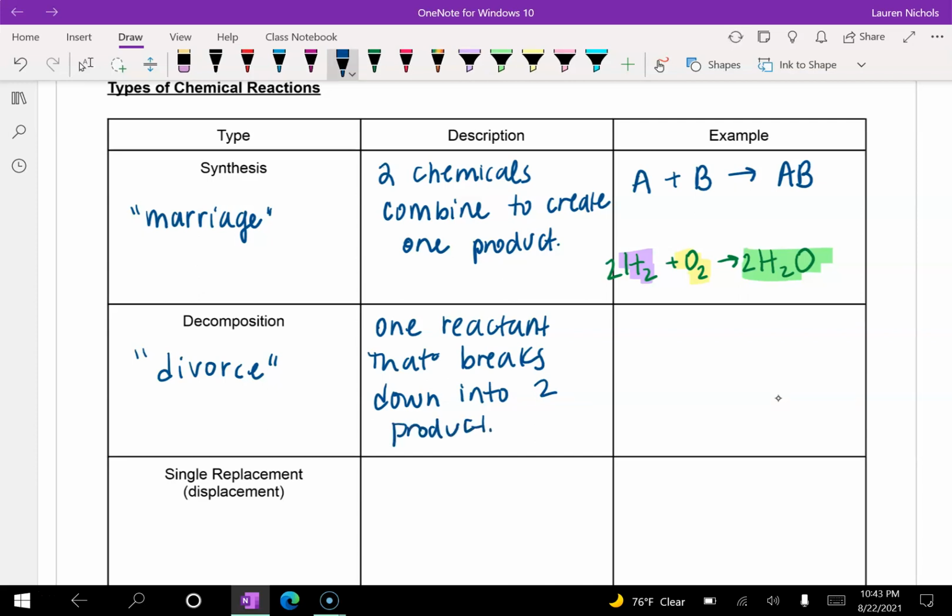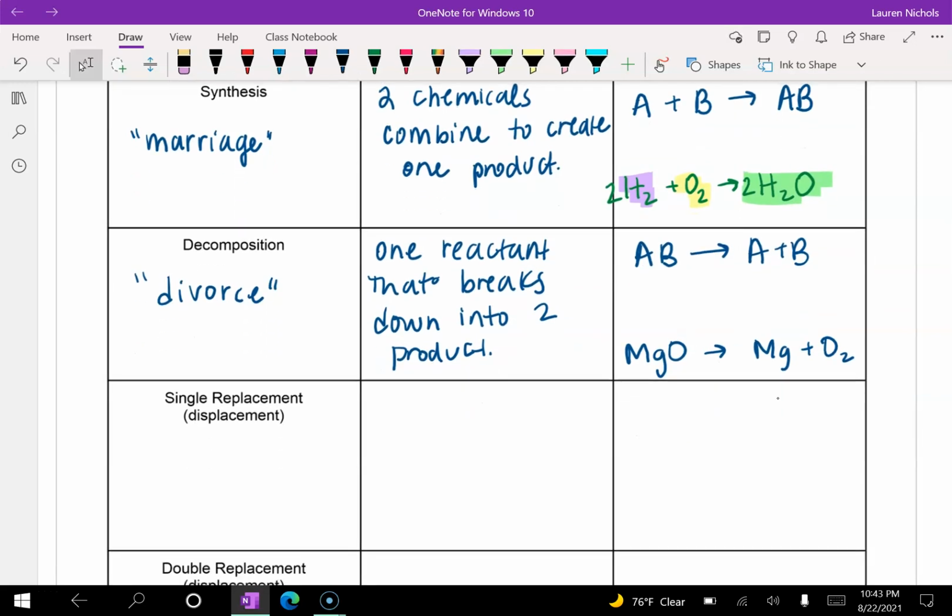This is just the reverse. If you have chemical AB, it breaks down into A plus B. In real life, magnesium oxide can be split apart into magnesium plus oxygen. And so this is decomposition.